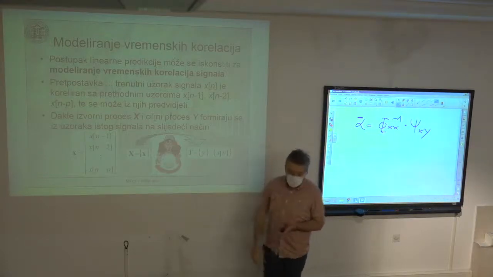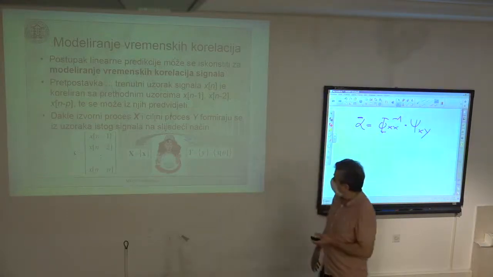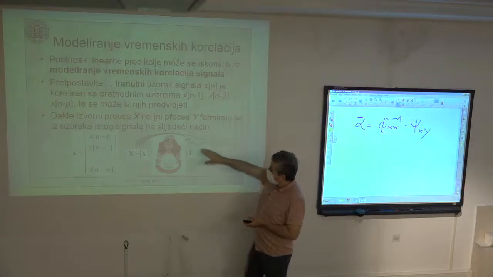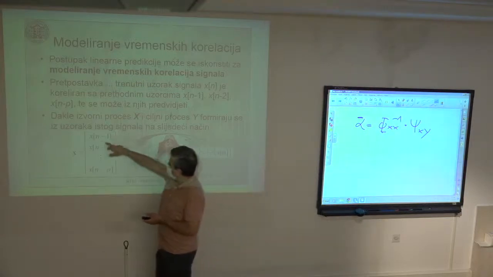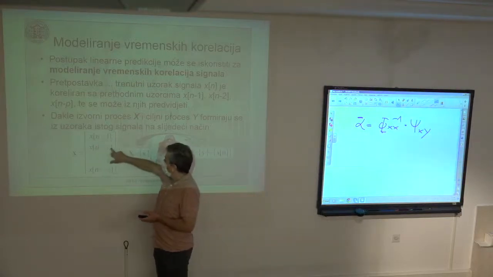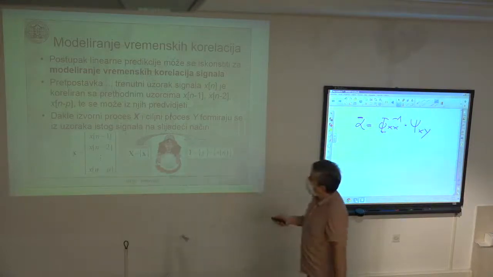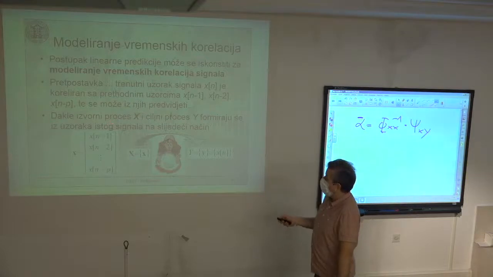So this y, scalar target value, is the current sample at time index n. While the preceding samples, x of n minus 1, x of n minus 2, up to x of n minus p, are forming the source vector. So this is the source which I'm using to predict the target.